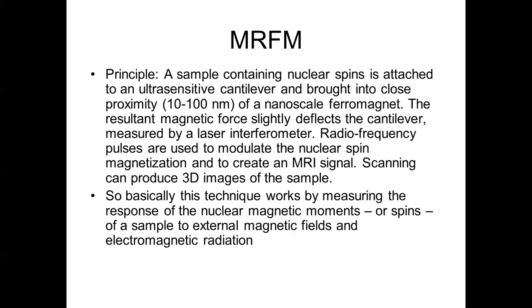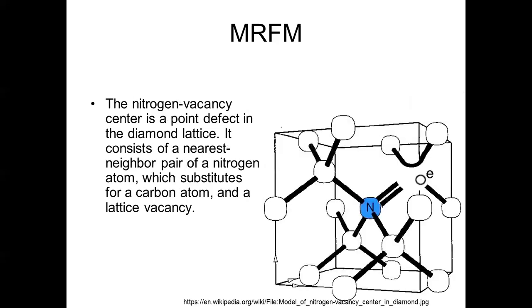So basically, this technique works by measuring the response of nuclear magnetic moments, or the spins, of a sample to external magnetic fields and to controlled electromagnetic radiation. So this shows our diamond tip, and this gives us the repulsive force that acts against the spins in the sample.